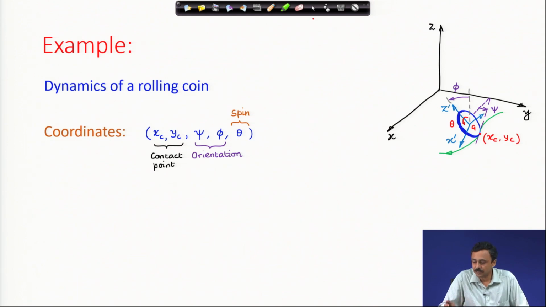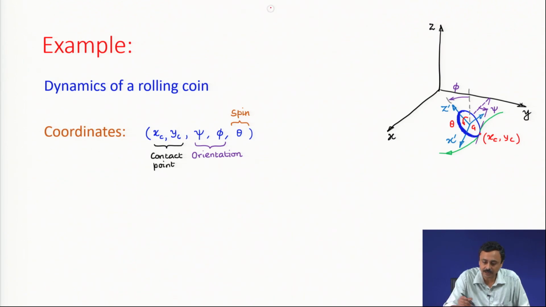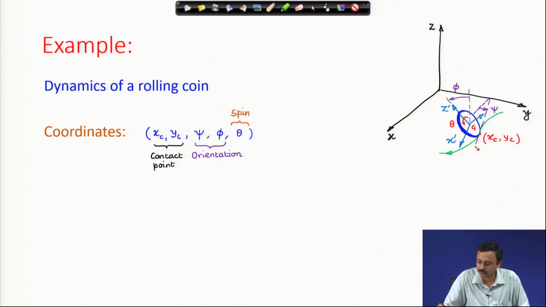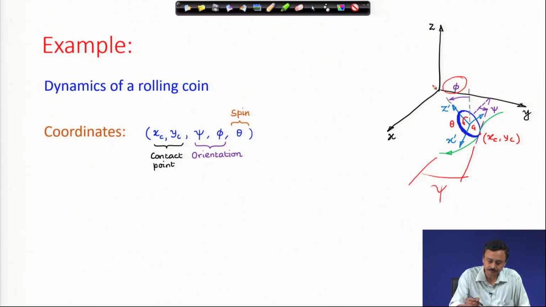Psi is the angle that the tangent to the path at this instant makes with the x axis. Phi is this orientational coordinate, which is the tilt of the coin with the vertical, which is the z axis, and the spin theta, which I have shown.